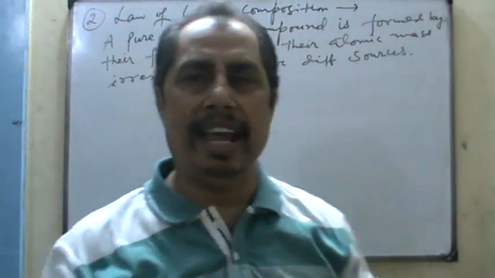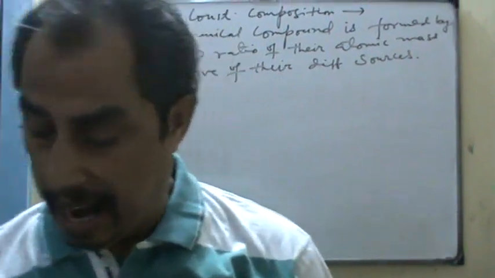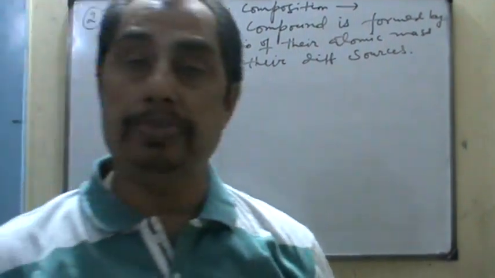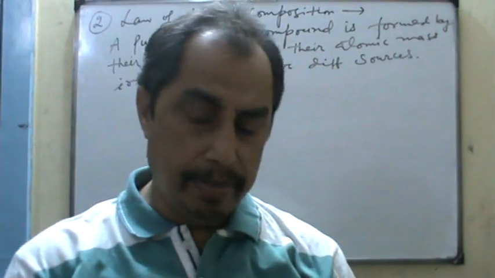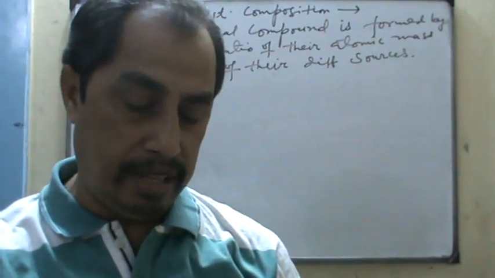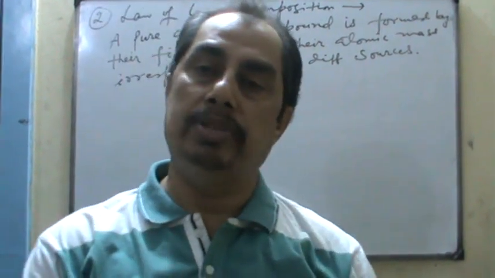Sources may be of various types, but whenever any substance is pure, remember, a pure substance is known as a compound. Dear students, why is it called a compound? Because compounds are formed by a fixed ratio of their atomic masses.